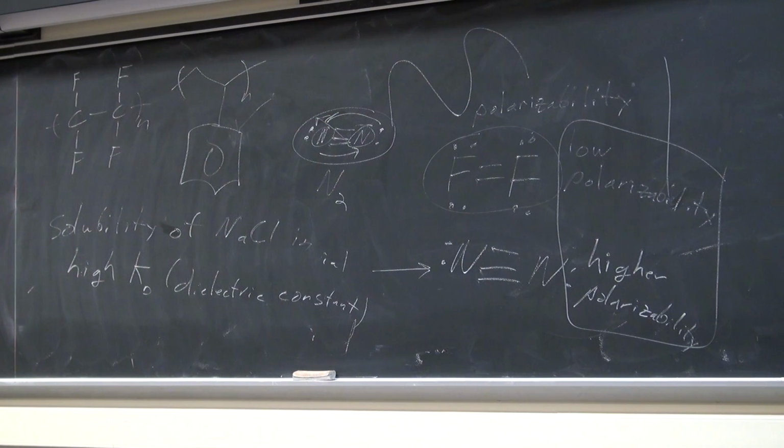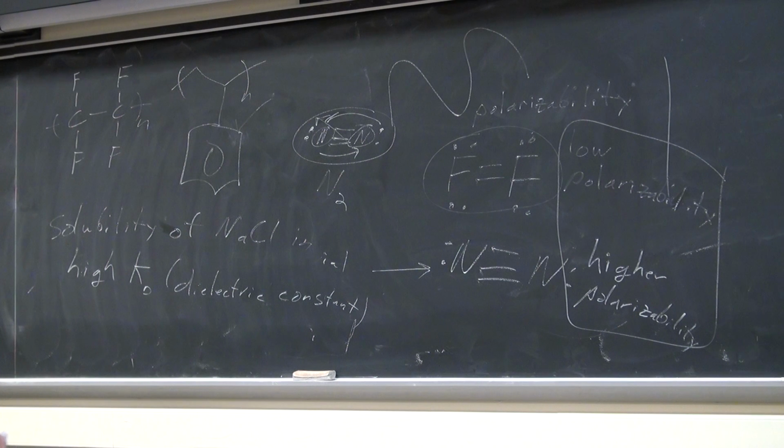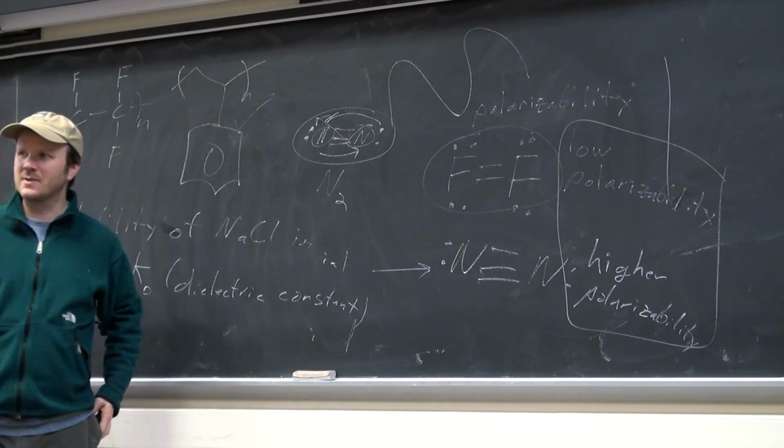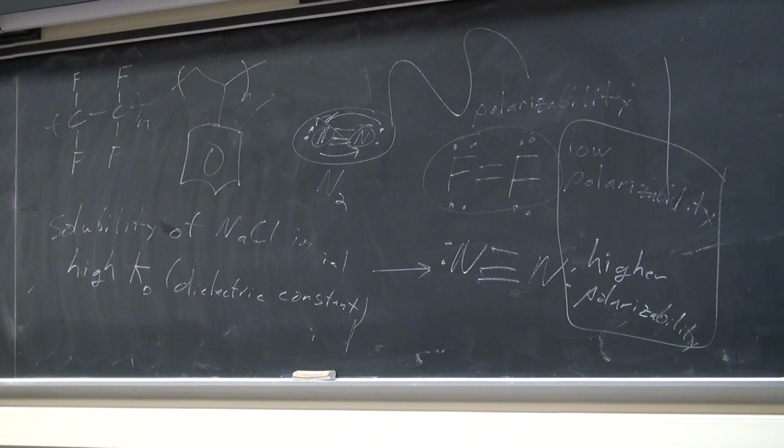So you remember this plot where you have solubility and you have 1 over dielectric constant down here. Where's the high dielectric constant part of this graph? If 1 over dielectric constant is plotted here, high dielectric constants are right here, right? And so you have high solubility, and then the solubility drops as the dielectric constant drops. So that's the important part of question 12 on exam 1.